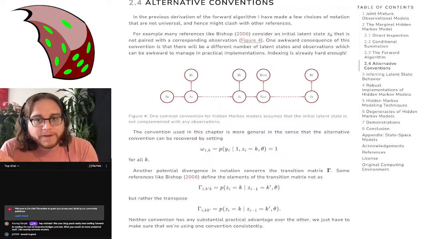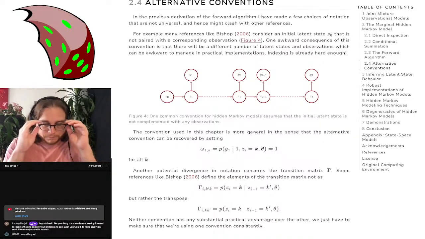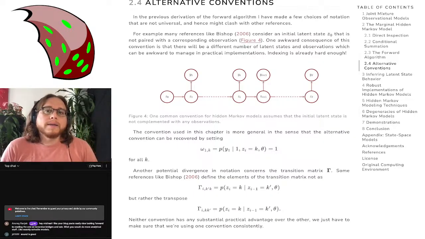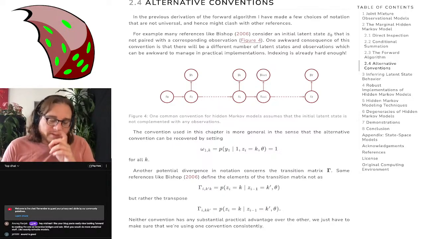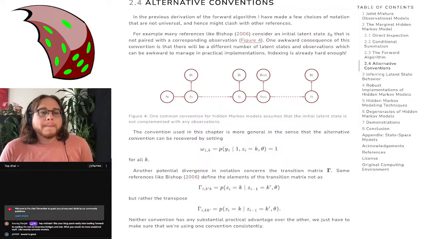The reason this convention can be awkward in practice is that you have a different number of observations and hidden states, and that makes the indexing awkward. For example, in R or in Stan, there's no zero indexing, so in order to index the latent states, you'd have to have a vector of length I plus 1.